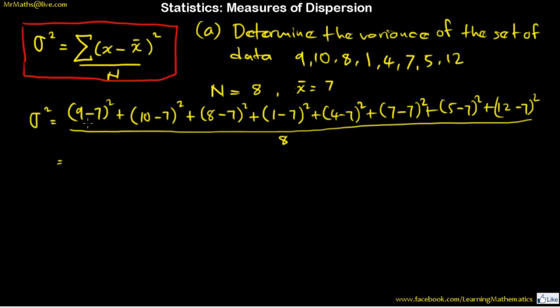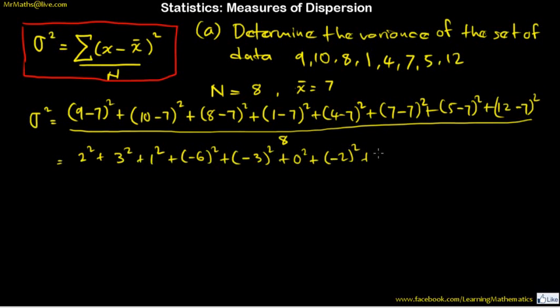Let's do it one by one. So 9 minus 7 is 2 squared, plus 3 squared, plus 1 squared, plus minus 6 squared, plus minus 3 squared, plus 0 squared, plus minus 2 squared, plus 5 squared.